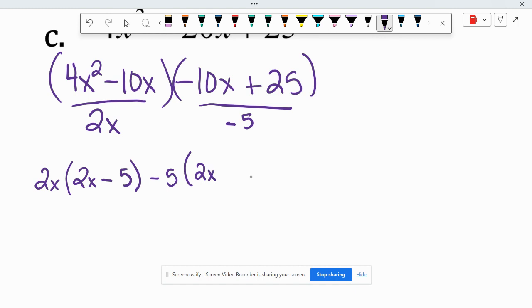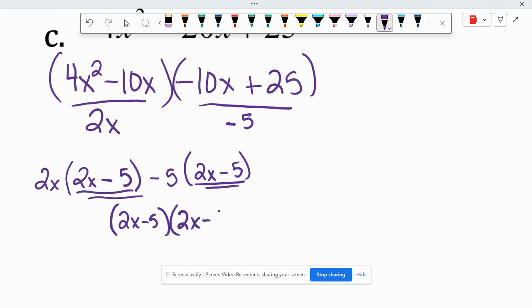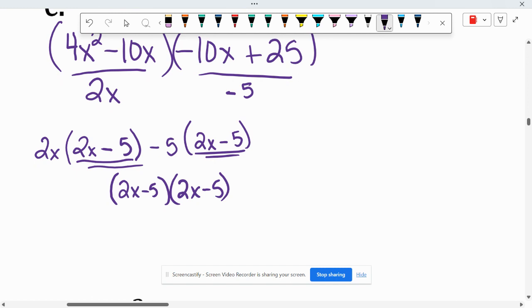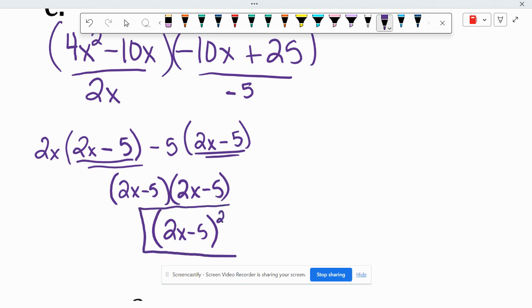Positive 25 divided by negative 5 is, your repeated term comes first. What's your leftover pieces? 2x minus 5. Is there a better way to write that? 2x minus 5, the quantity squared.